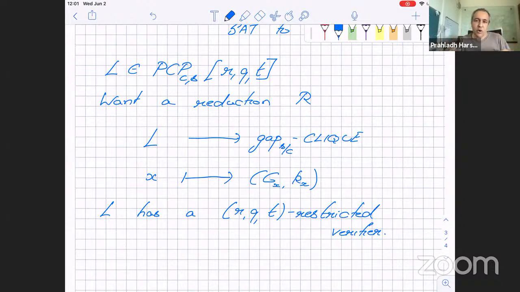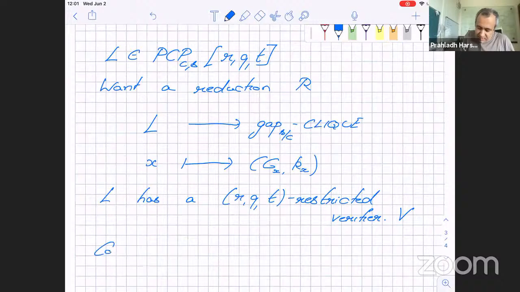If X is not in the language, then no matter which proof you give me, at most S fraction of the random coin tosses will cause the verifier to accept. Okay. So this is all that we have. L has a restricted verifier which has this completeness and soundness property. So let's write that down.